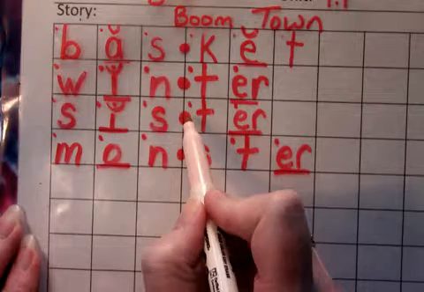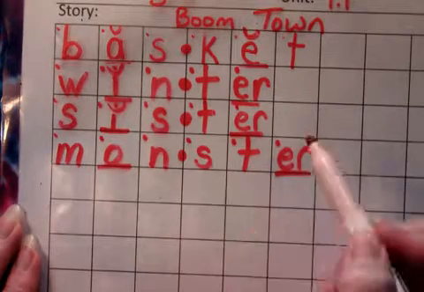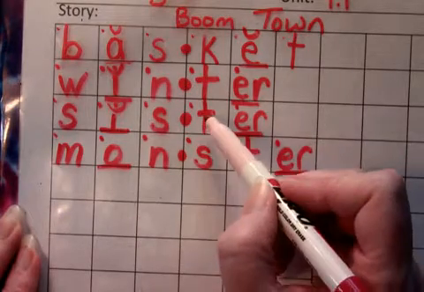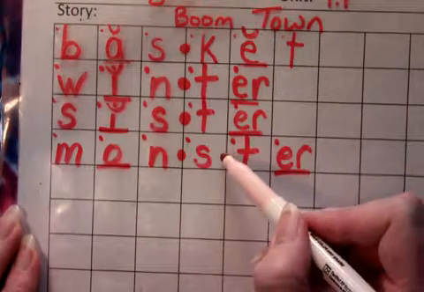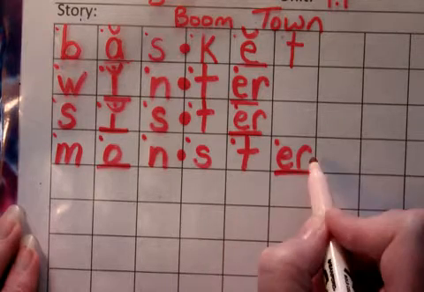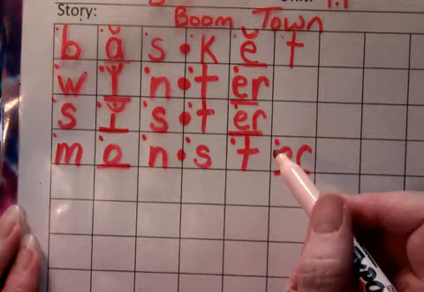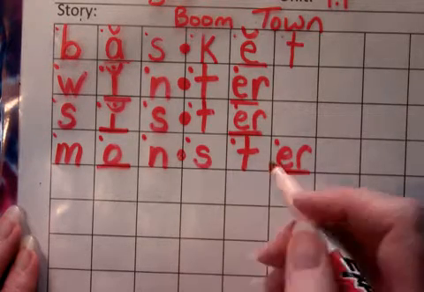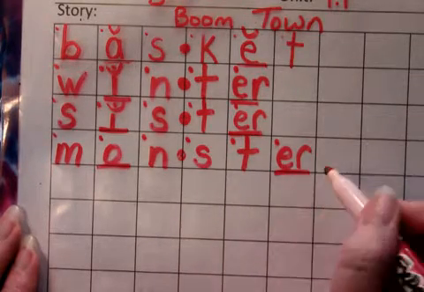Now, if you look in this word, ter is at the end of all of these words, and we broke it right before the T. So monster is how we might break it, but in the dictionary, it broke it after the N, and we say stir for the second syllable.